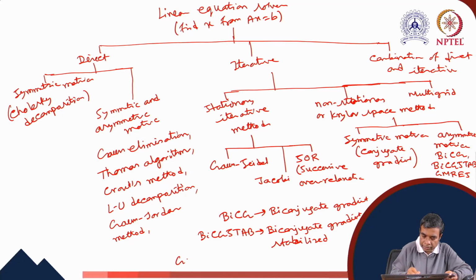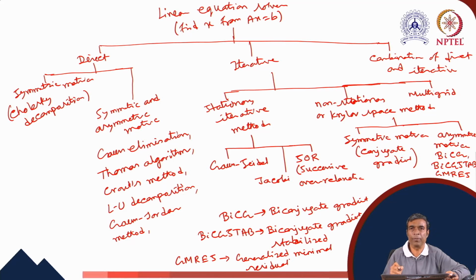And GMRES stands for generalized minimal residual method. This method was developed by Saad and Schultz in 1986 for asymmetric matrices. Now BICG stab and GMRES, both of them operate for asymmetric matrices, but BICG stab, its convergence is non-monotonic in nature, whereas for GMRES, the error decays in a monotonic fashion.